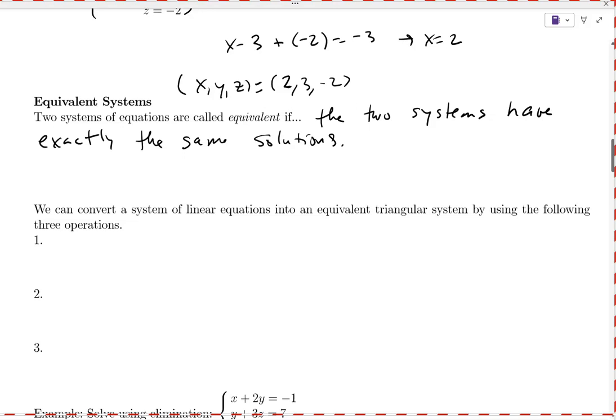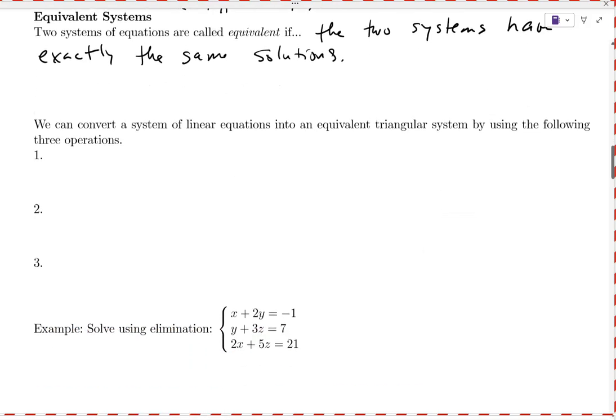We're going to switch our focus over to elimination so that we can talk about being very systematic about putting our system of linear equations into an equivalent triangular system. Okay? Because again, we all recognize that by getting our system into a triangular form, we can read the answers off pretty quickly, right? We agree with that? Okay, so that's our goal.